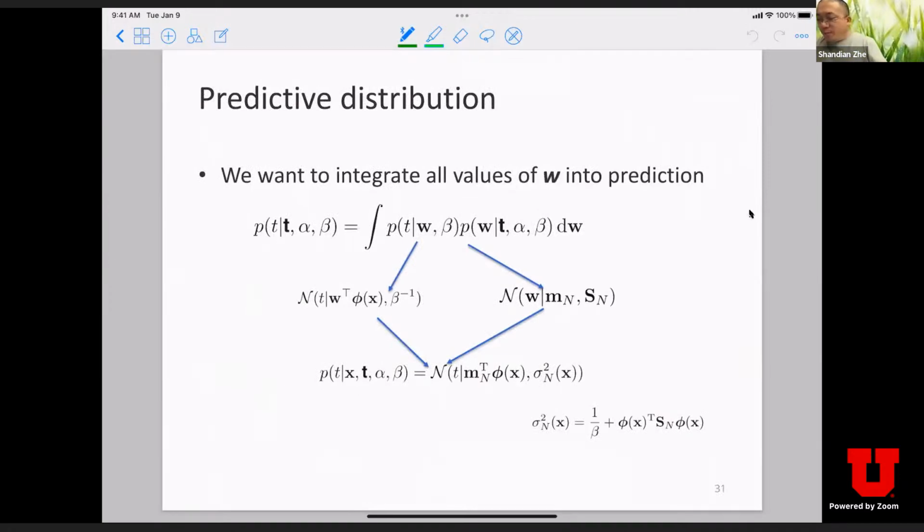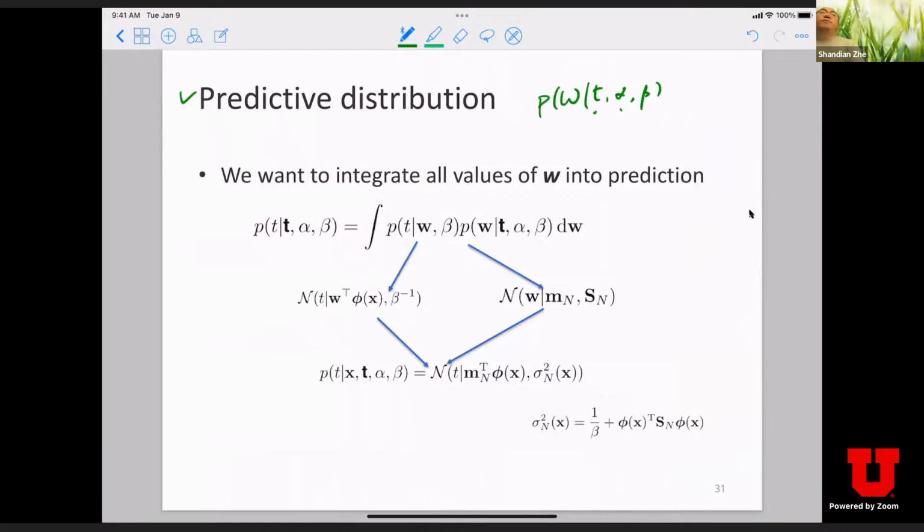Okay, next we're going to introduce another thing which is unique in Bayesian learning, different from the frequentist approach, called the predictive distribution. So what is the predictive distribution? In a Bayesian model framework, given data, we in principle have a posterior distribution of the model parameters W, also given the hyperparameters alpha and beta.